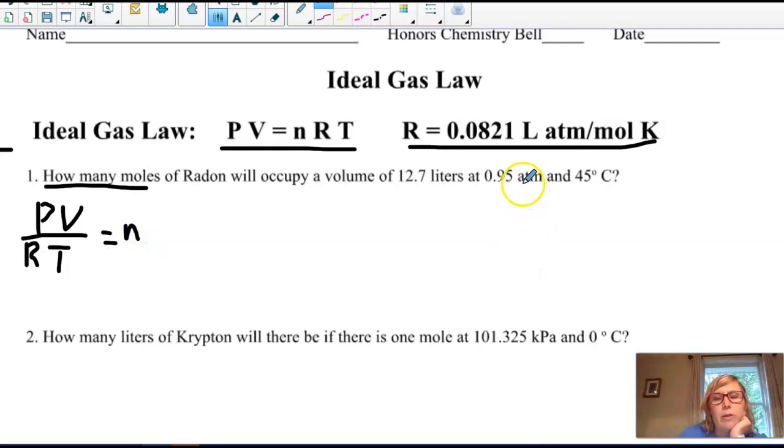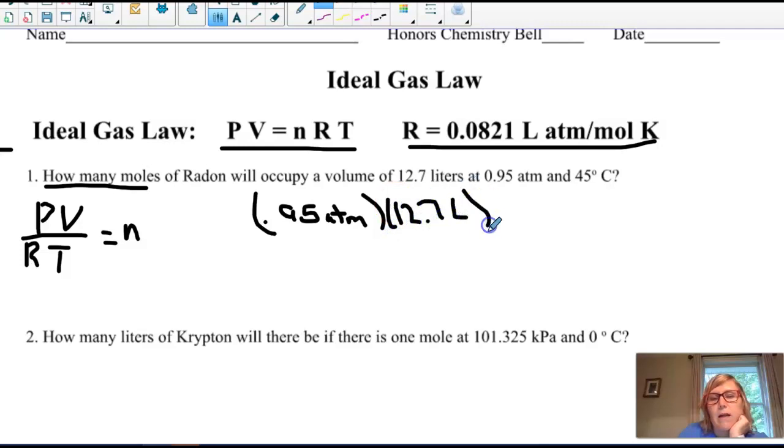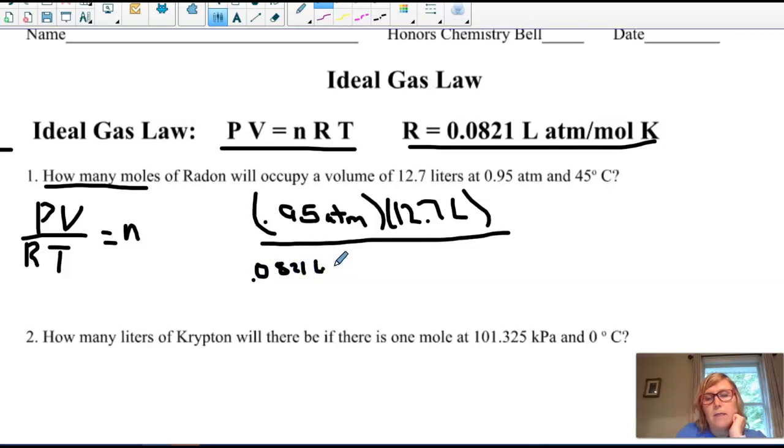Okay, so pressure. We know what the pressure is. It's 0.95 atm, times the volume, which is 12.7 liters, divided by R. This is the value we're going to use: 0.0821 liter atmosphere divided by a mole K, times temperature.